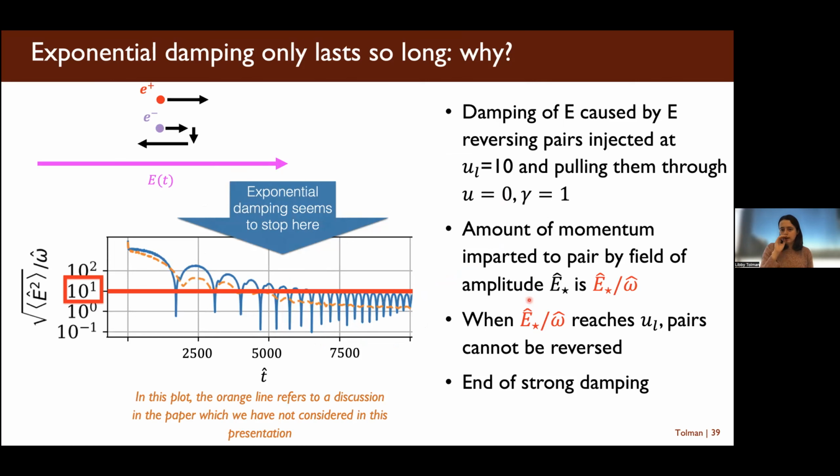So in order for this physical process to occur, the oscillations have to have a strong enough field to give that much of a momentum change to the particles. Now, the amount of momentum imparted to a pair by a field of amplitude E star hat is E star hat over omega hat.